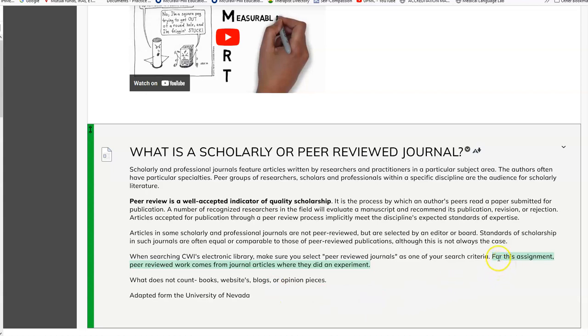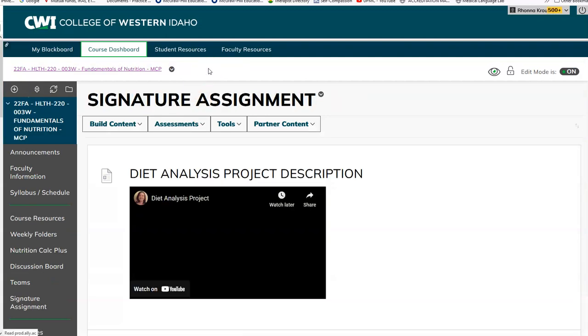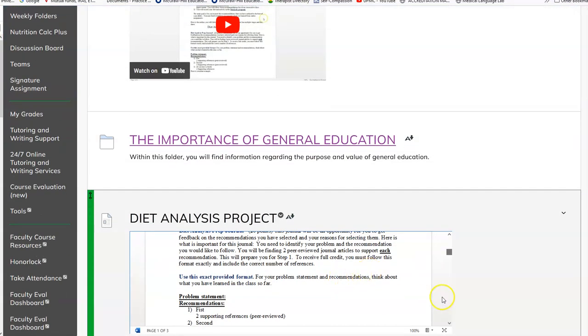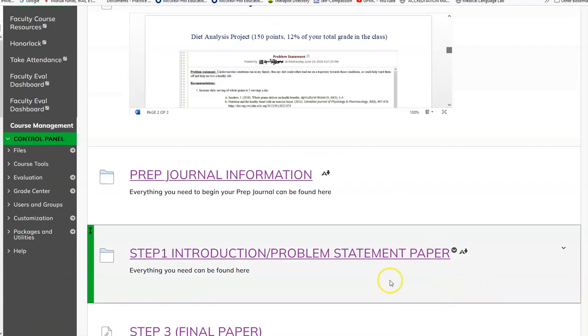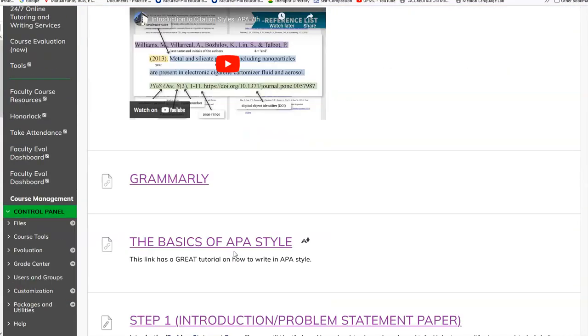For this assignment, you are looking for peer-reviewed work from journals where they did an experiment. You will lose a significant amount of points if you do not do that, because you can't summarize what wasn't done. You can't summarize a research study if they actually didn't do any research.